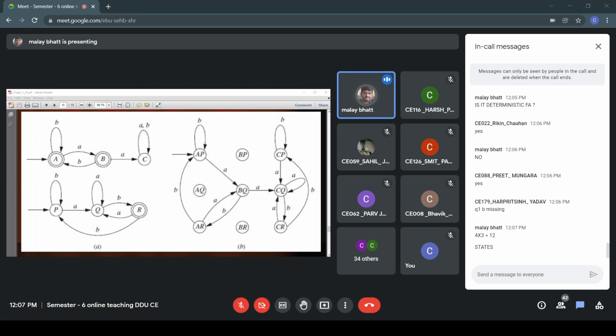Let us take this example too. What is the first language? Which strings are accepted in the first language?